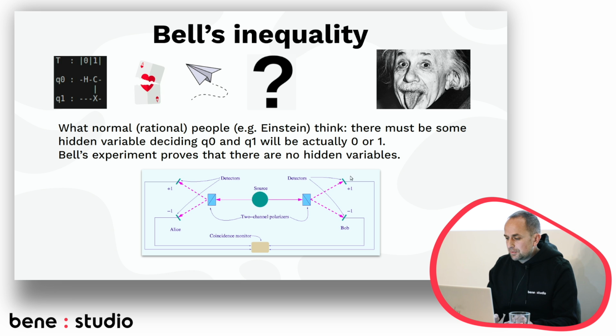If it's determined only at measurement time, the coincidence will be equal. And all of the experiments until now showed that the actual values of the qubits are determined at measurement time.